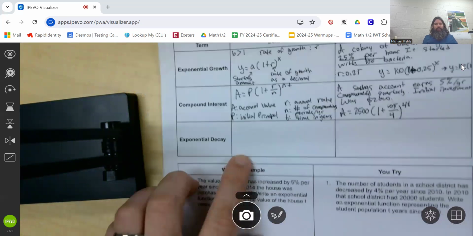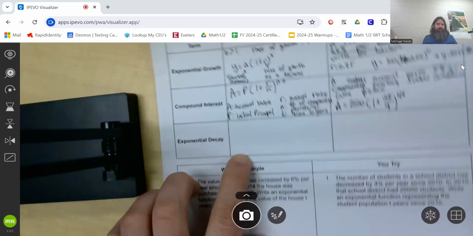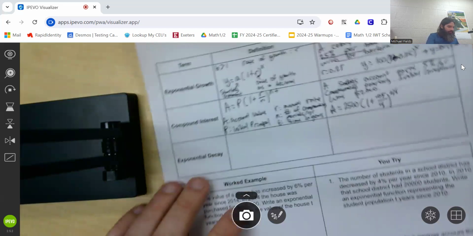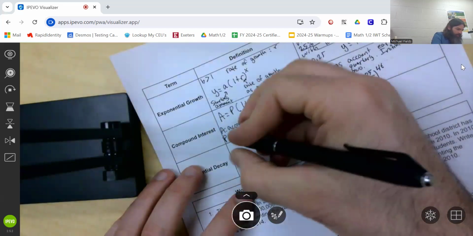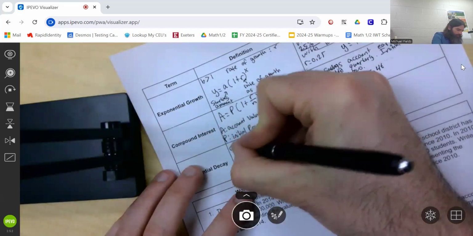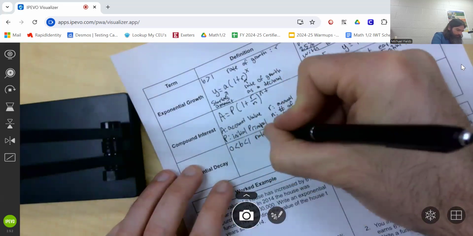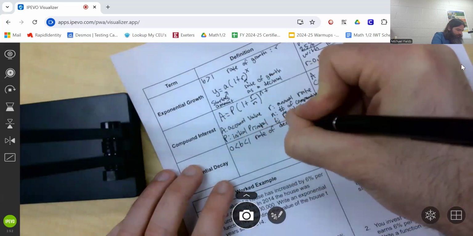Okay. And then exponential decay. Well, if we have a rate of decay, so remember for exponential decay that our common factor is between 0 and 1. And so we're going to have a rate of decay. It's also r.